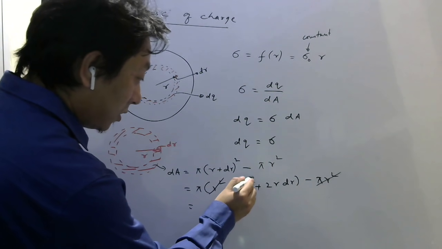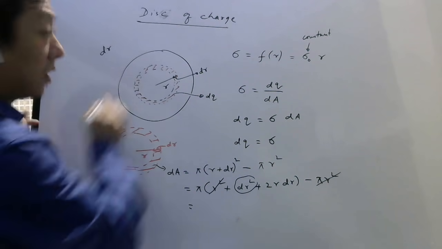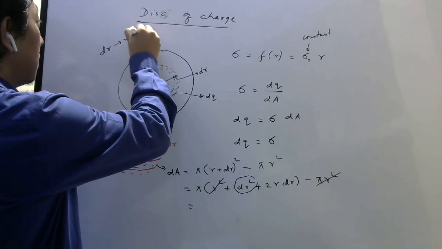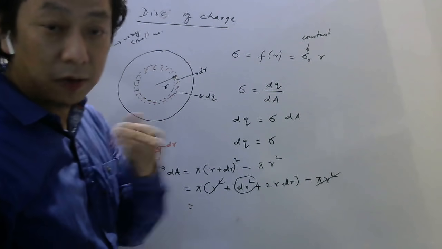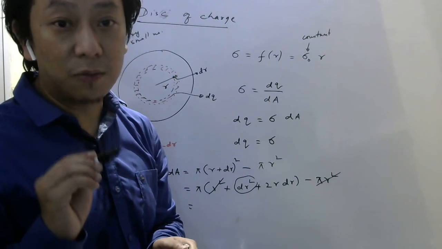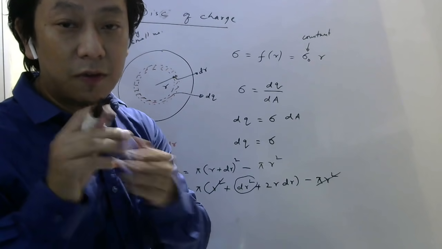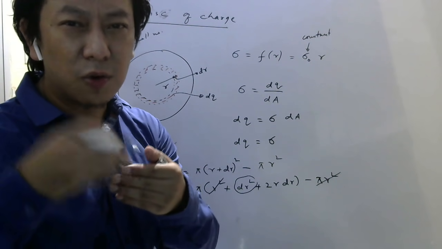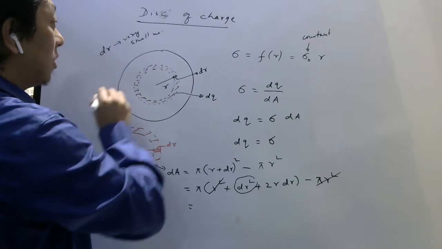Pi dr, now you see, the moment you write dr, it represents a very small number. Calculus, which we have studied in first PU also. The moment I write dx, it represents a small distance, or if it is dA, it represents a small area. So here this dr is a very small number.